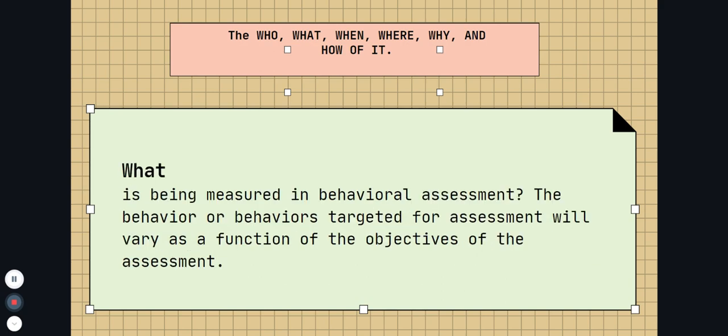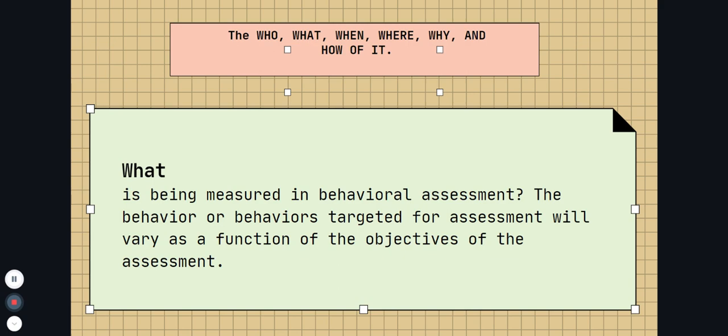So next is the what. What is being measured in behavioral assessment? The behavior or behaviors targeted for assessment will vary as a function of the objectives of the assessment. So the what is what you are measuring in your behavioral assessment, or what you are trying to assess.